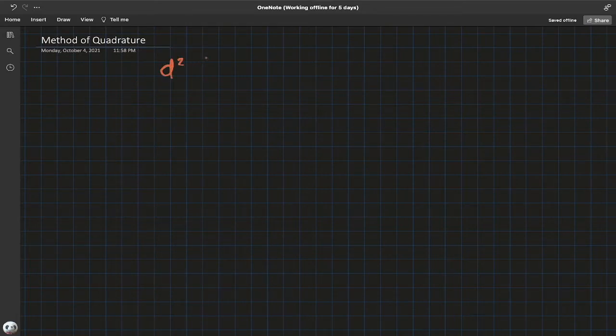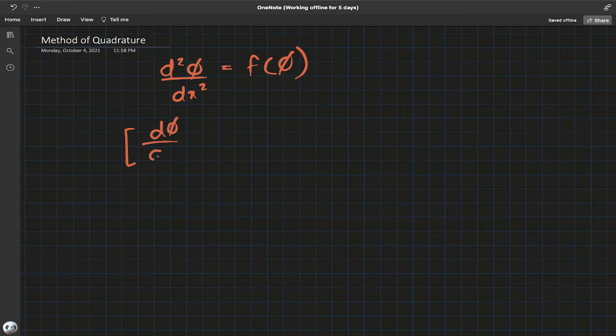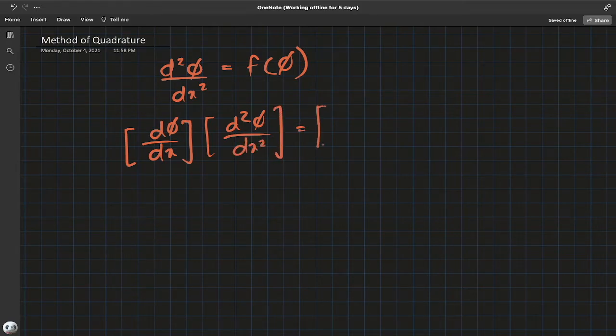Okay, the next important method, and people don't talk about this much, is the method of quadrature. For this you have a second order differential equation, something like this. What you do is you multiply by d phi over dx on both sides. I mean, we didn't do much, it's just multiplication.